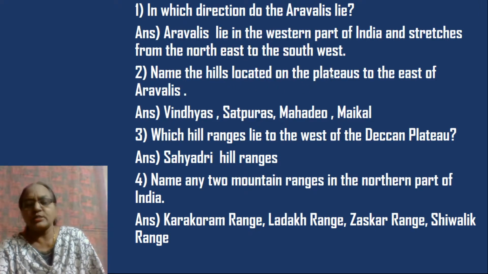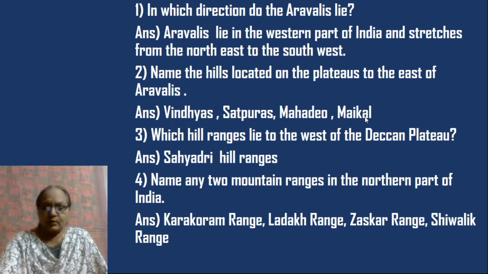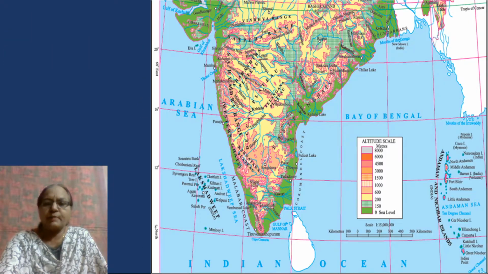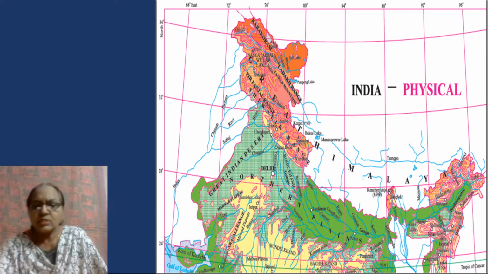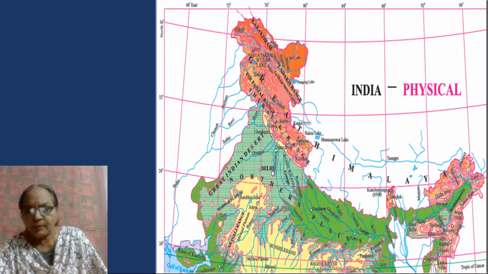Name the hills located on the plateaus to the east of the Aravalis. So get back to the map again. To the east of the Aravalis, we have many plateaus. You can just name a few. Like we have the Malwa Plateau here, the Bundelkhand.